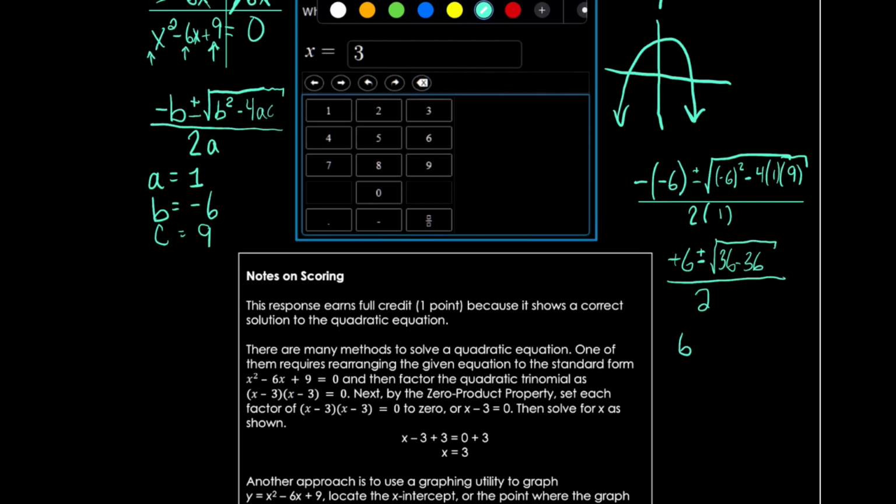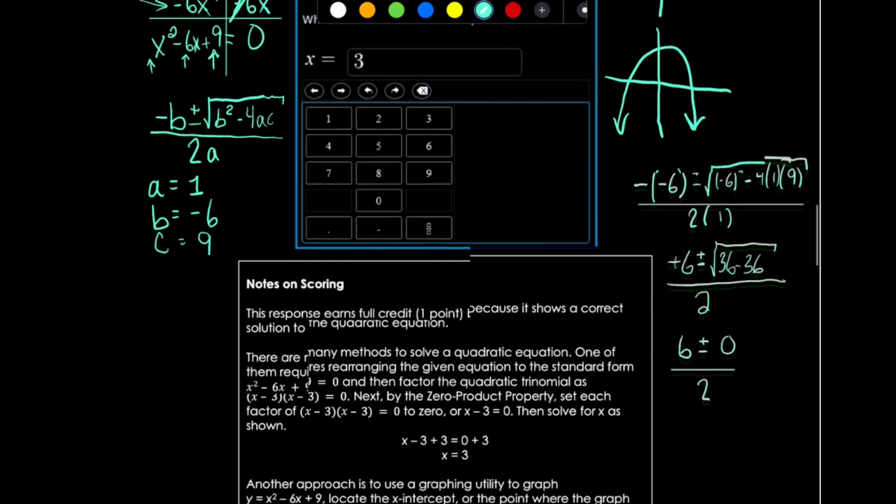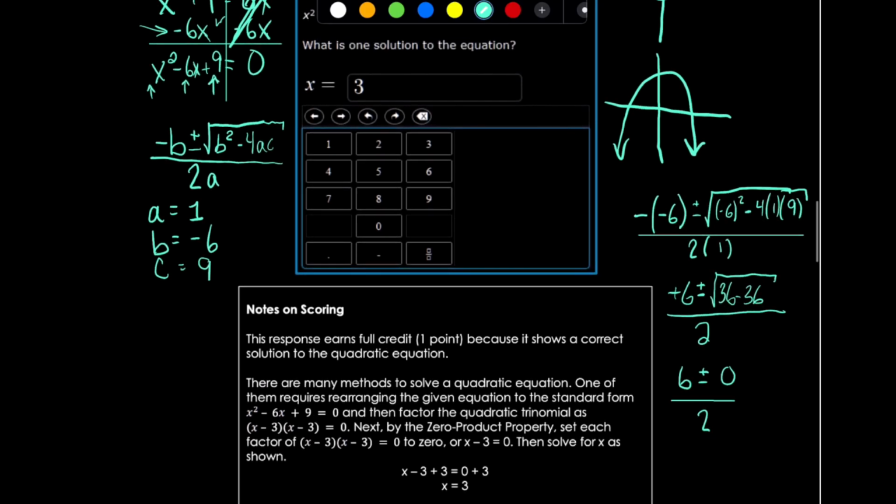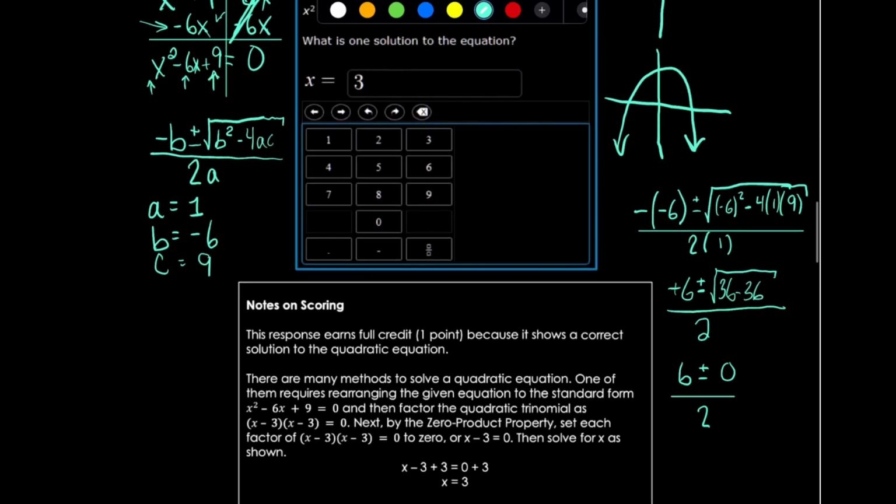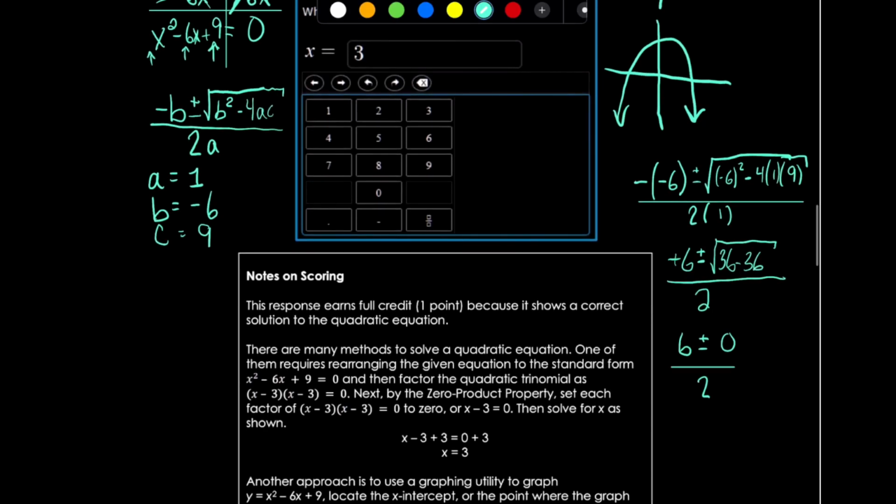The square root of 0 is 0. Okay? All over 2. Just make sure I have this right. Yeah, I do. All right. I had to double check. I had to quickly factor it in my head to make sure I have this all right.